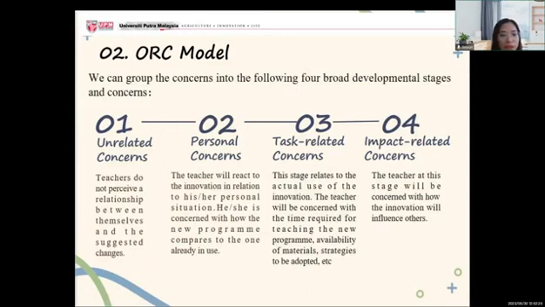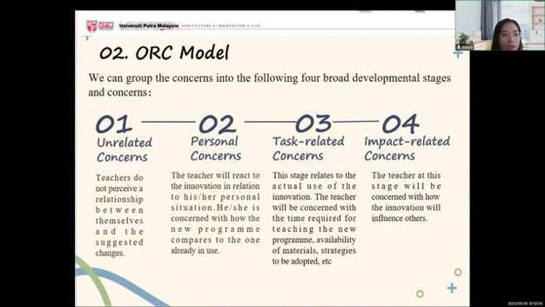At this stage, teachers do not perceive a relationship between themselves and suggested changes. Number two, personal concerns. At this stage, the teacher will react to the innovation in relation to their personal situation. They consider how the new program compares to the one already in use.